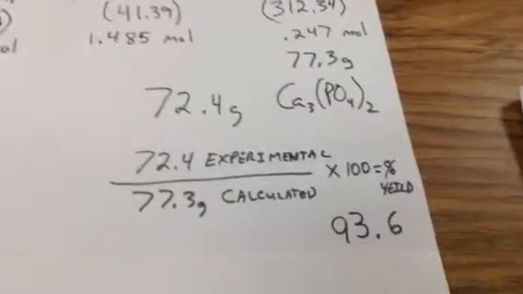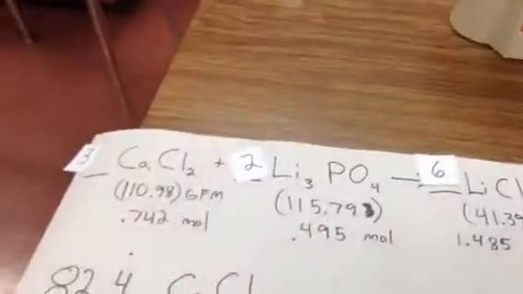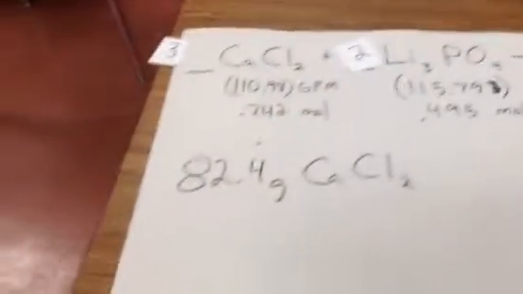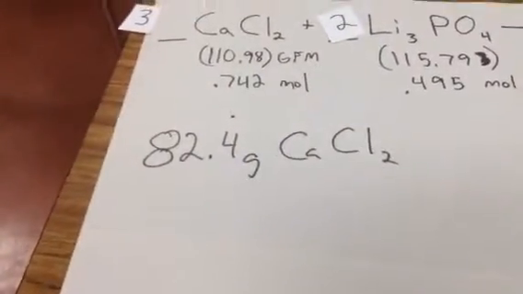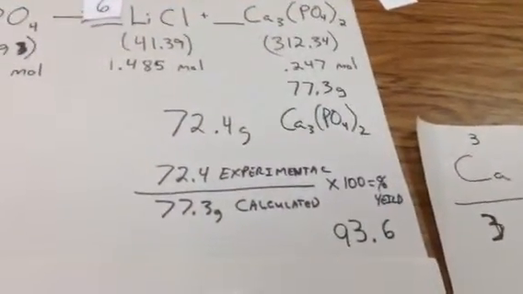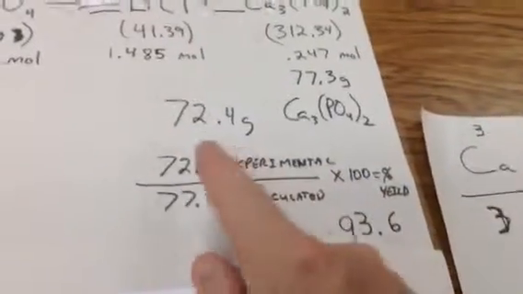And you do this for all the problems, but the first thing you have to do is go ahead and balance the equation. Okay, so the first thing you do is balance the equation. Then you get the GFM. Then you get the moles. And then you look at what you're given and figure out what you're supposed to have. Once you figure out what you're supposed to have, you look at what they gave you.